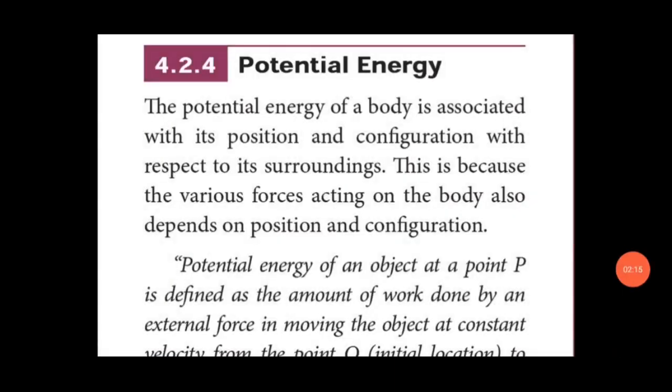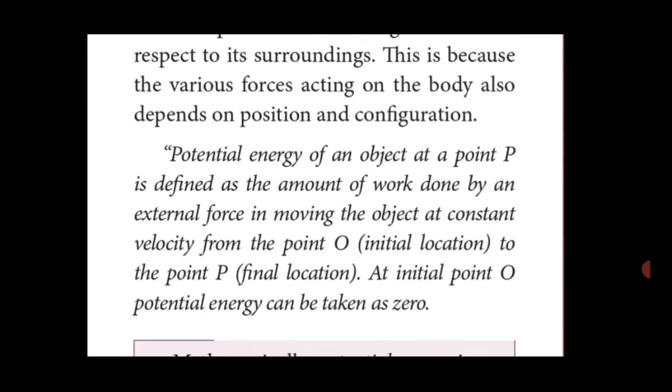So next we are going to see the topic of potential energy, and I already told you potential energy is mainly due to virtue of its position or its configuration. The energy possessed, that is potential energy. Here the definition is given for the potential energy.